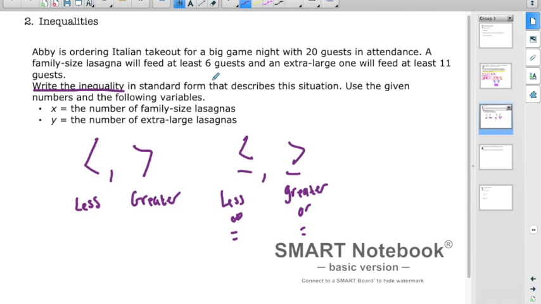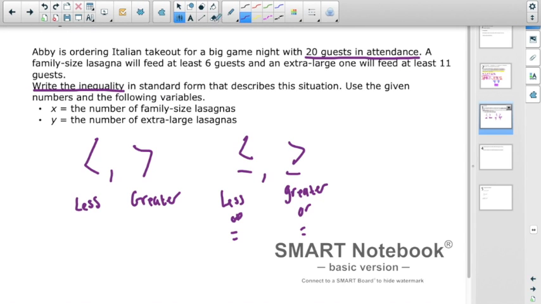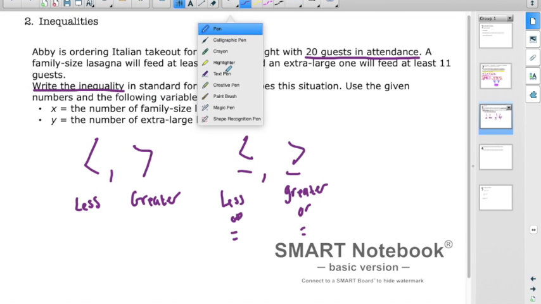So what do we got? Abby is ordering Italian takeout for a big game night with 20 guests in attendance. A family-sized lasagna will feed at least 6 guests, while an extra large lasagna will feed at least 11. It wants us to write the inequality that describes this situation, and it gives us our let statements, which is cool.